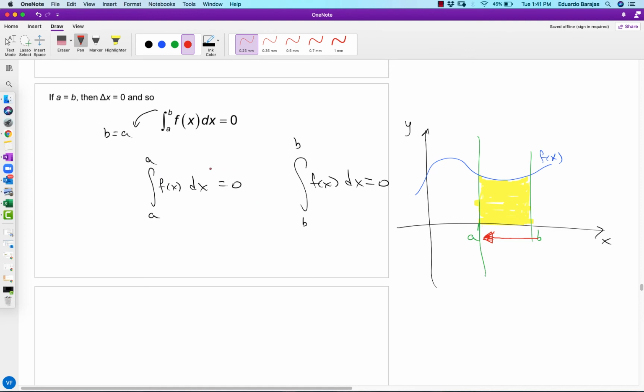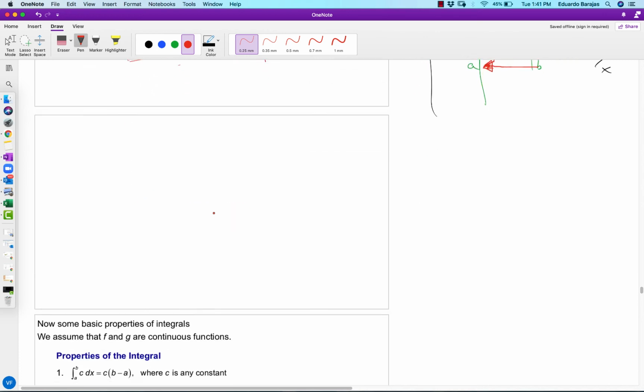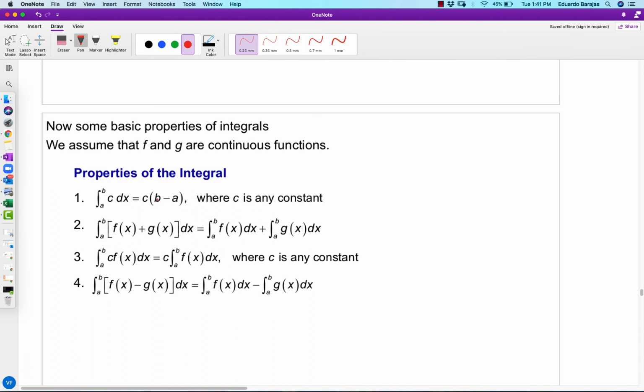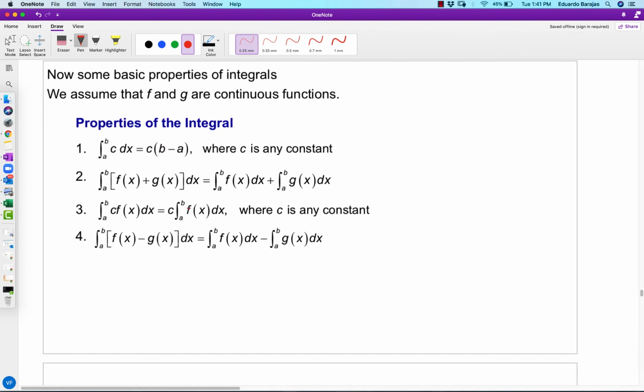Okay, so here's another property that we get to use. Here is a nice little table of some of the useful properties, some basic properties for integrals. The integral from a to b of the function c dx equals c times b minus a.